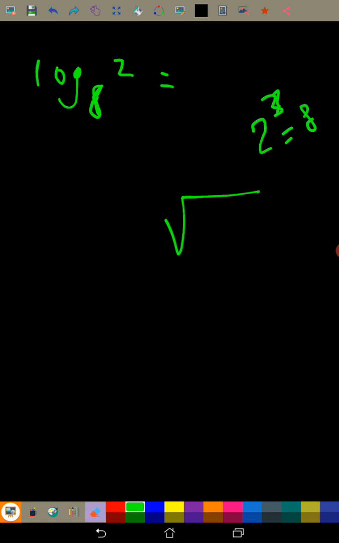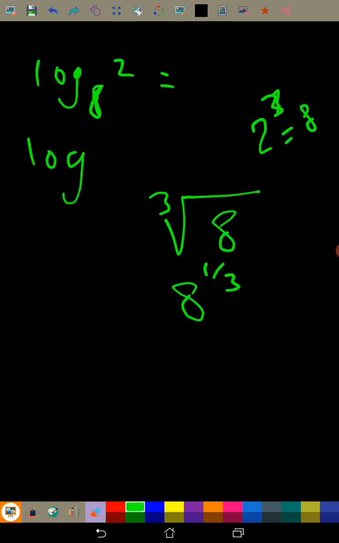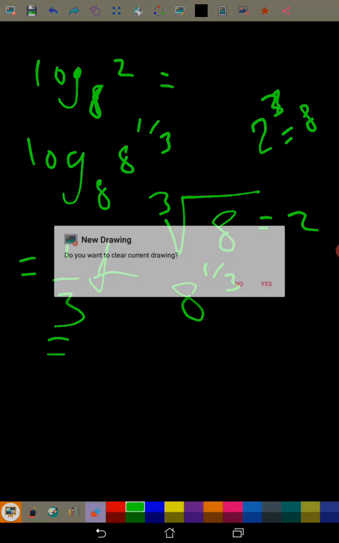If we do it like that with 8, it's going to be written as this, right? So why don't we just rewrite it like this? That's going to be 2, right? So we're going to get 1/3. And yeah, that's correct. So that's the answer.